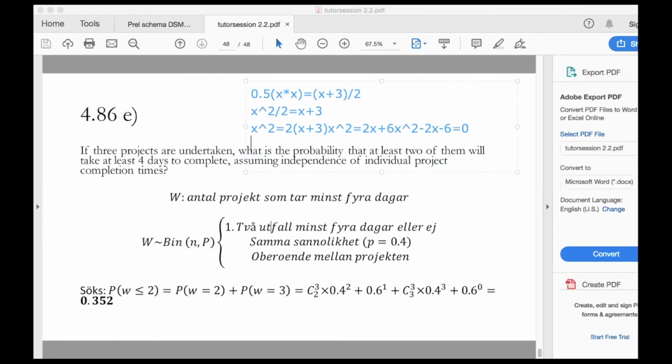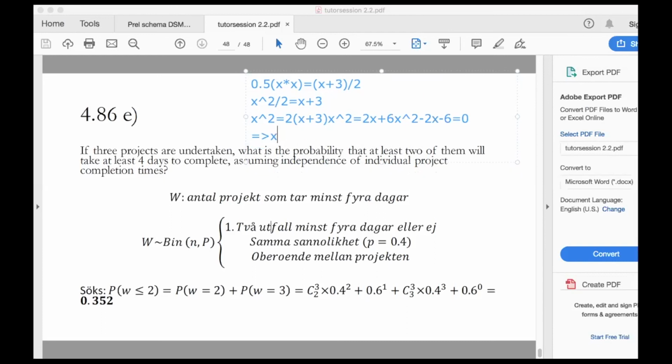And you can then rewrite it like (x minus 1) to the power of 2 minus 7, which will equal to 0.